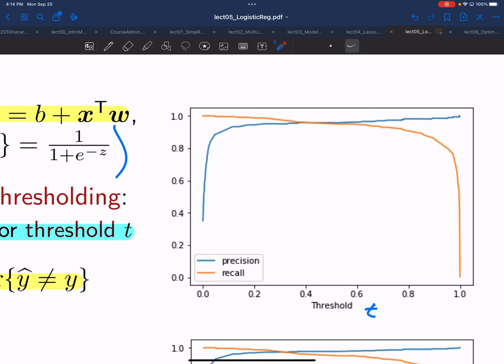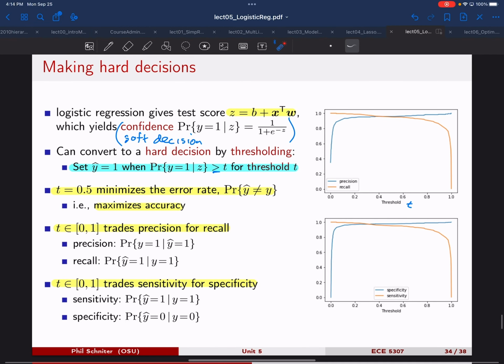So here, it's not really clear maybe until you get into the details of the application exactly where you want to be in terms of the precision recall trade-off. So that's something that you need a lot more information to decide, but once you know what you want to do, there's a way to deal with it just by changing that threshold. And there's something very similar here for sensitivity versus specificity.